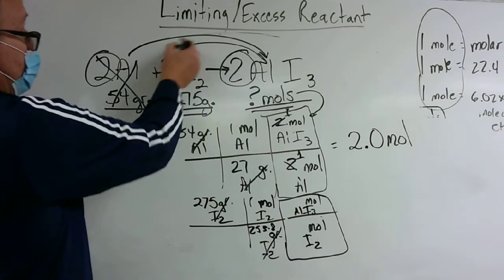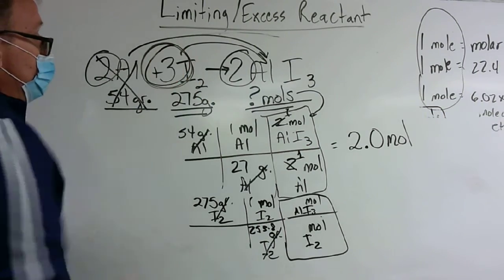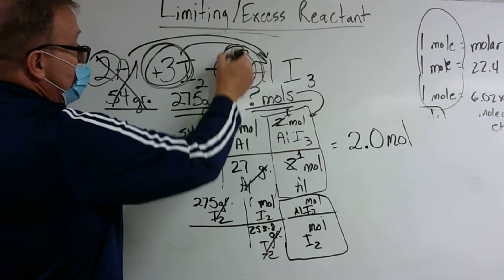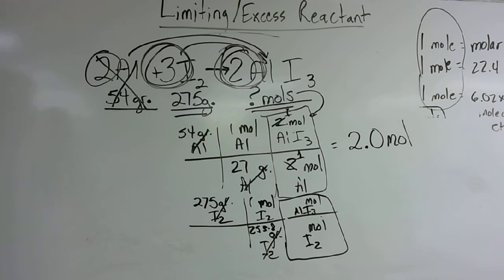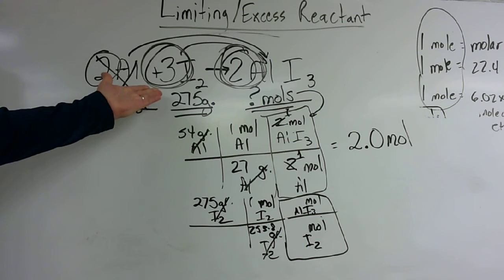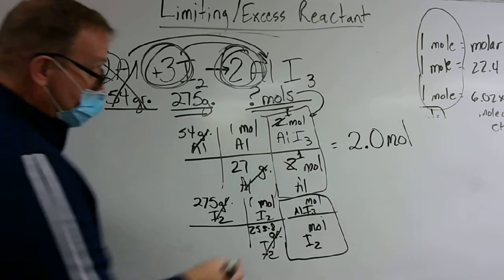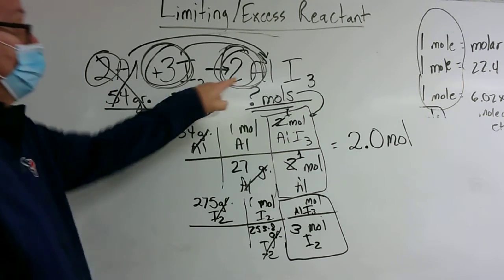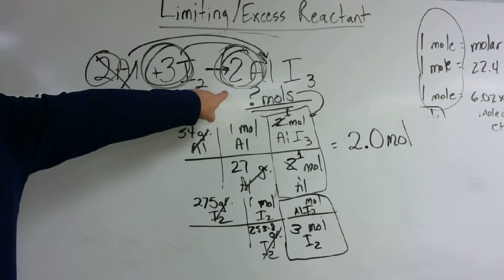Now I can deal with this one here and this one here. How many moles of I2 do I have? 3. How many moles of this do I have? 2.